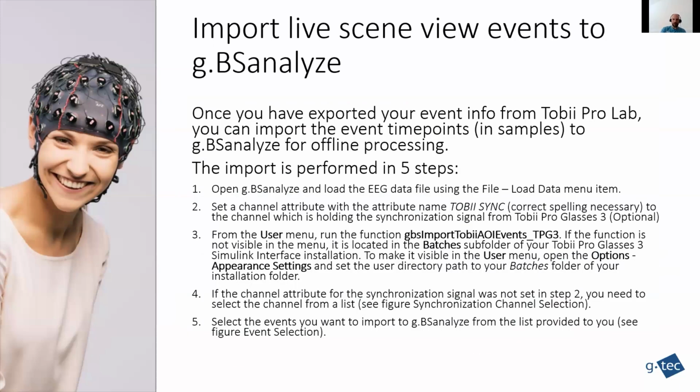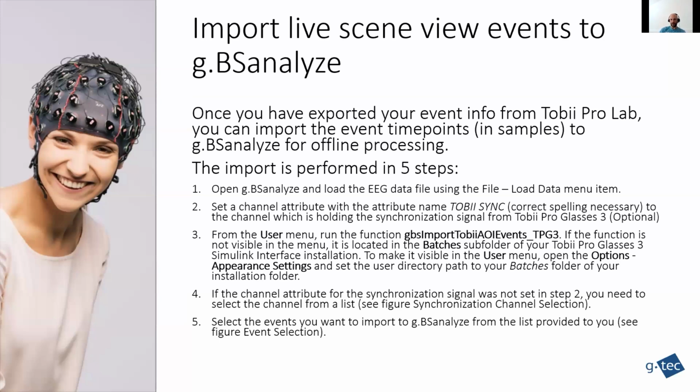We open g.BSanalyze and load the EEG data that we recorded before. Then we have basically two options. We need to let g.BSanalyze know which channel holds the synchronization input. We can set an attribute of the channel with the name Tobii Sync, or we can skip this part, start with importing the area of interest events, and define the channel afterwards.